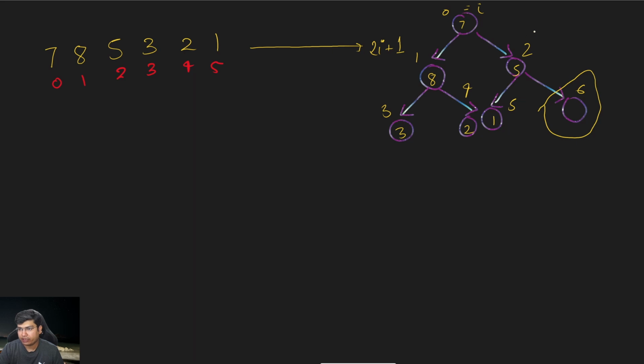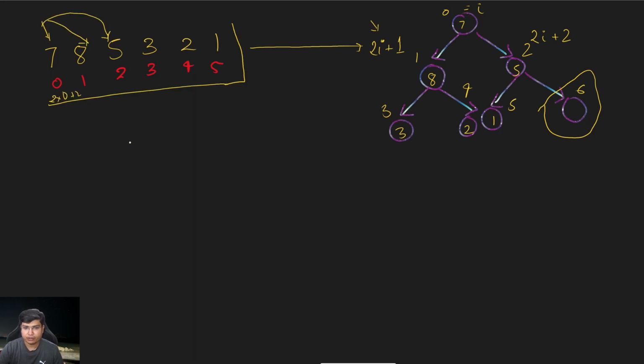In the same way, we can find the right child index by using the equation 2i plus 2, and so on for each of the subsequent subtrees. We can quickly find the left child and right child if we just provide the value of i.